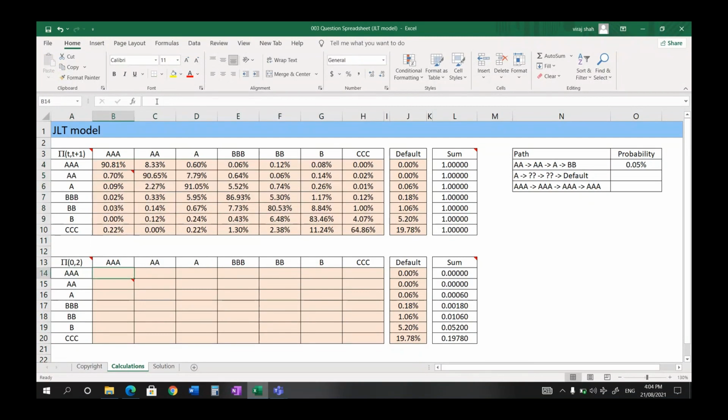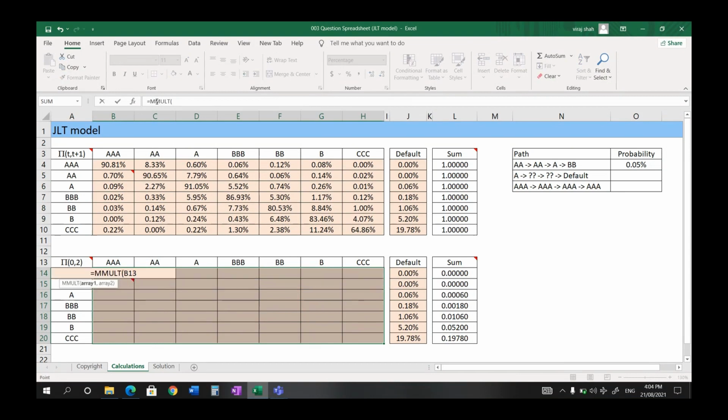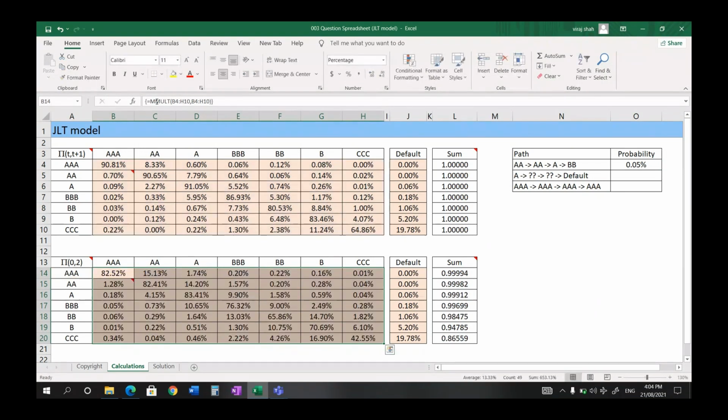So let's do it. Similar array: take all values in the array, equal to MMULT. MMULT means matrix multiplication. You have to select the whole table twice, and then Control Shift Enter. You will get all your values. This indicates your probability for the two-year value.